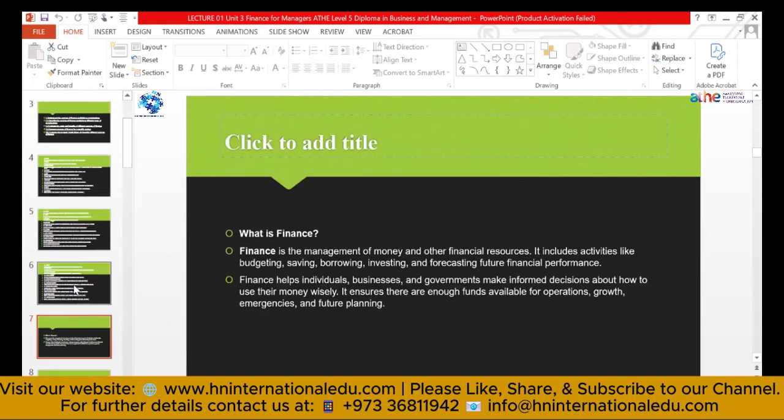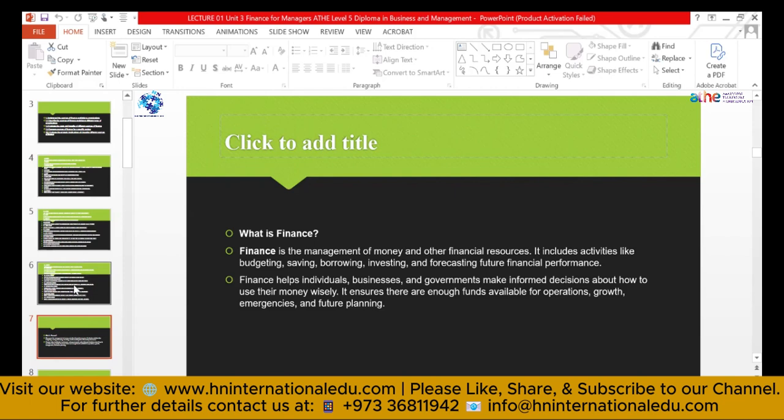Okay. Simply, what is finance? Starting the course. Finance is the management of money and other financial resources. It includes activities like budgeting, saving, borrowing, investing, and forecasting future financial performance. Finance is all about money, but it can be in any form, sometimes in liquid form, sometimes in various investments.